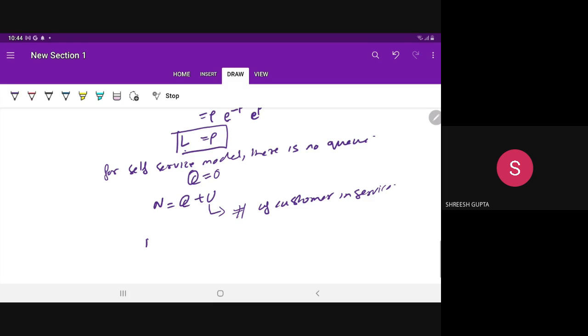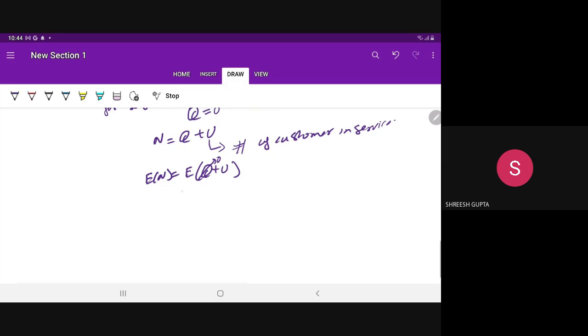If you take the expectation on both sides, here we have q plus u. Since there is no q in the self-service model, it is 0, so it is equal to Eu. So what is the meaning of Eu?